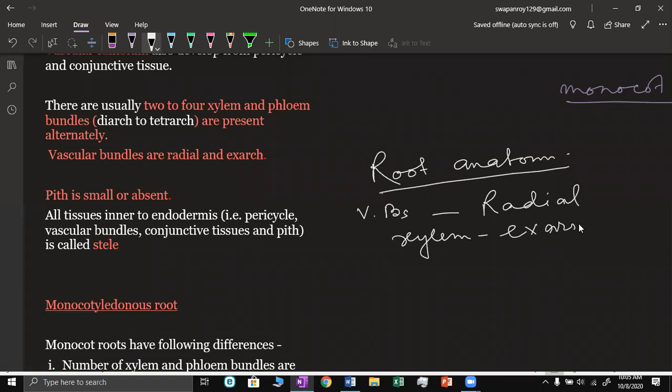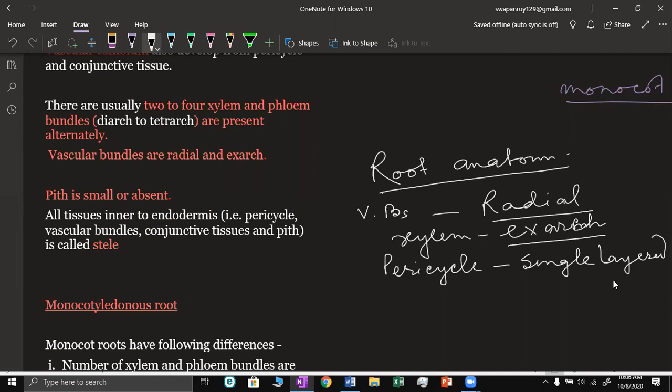That is the main point related to the root anatomy. Another thing is that the pericycle was single layered. This thing you should remember.